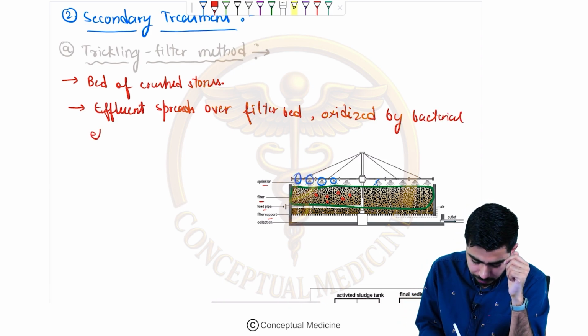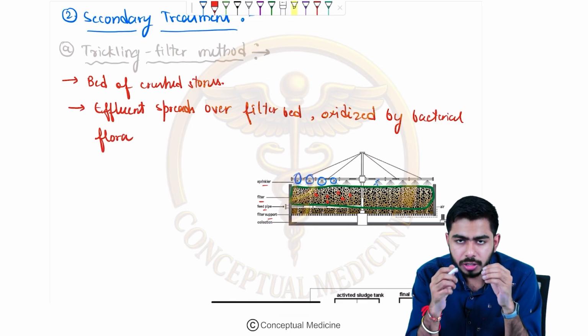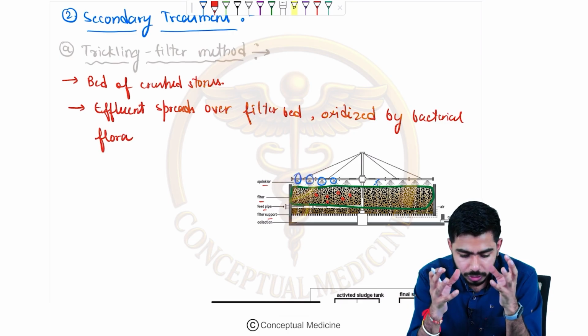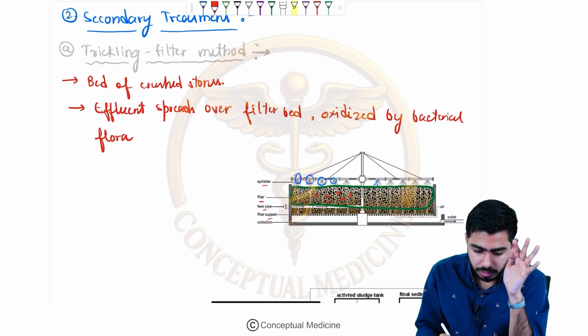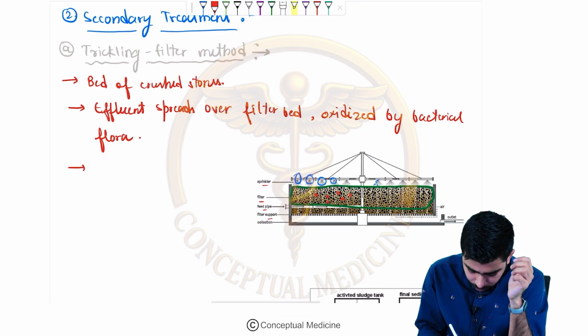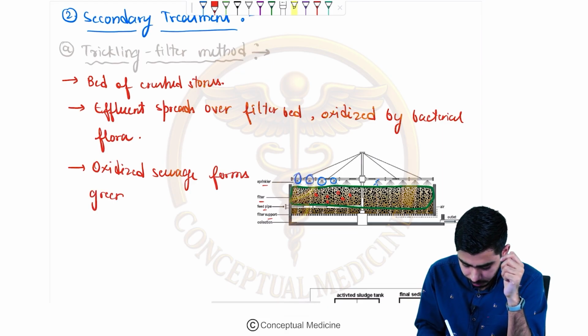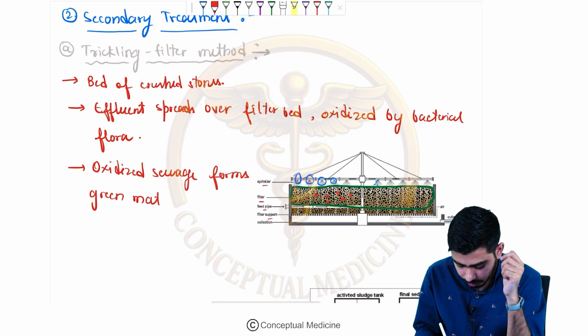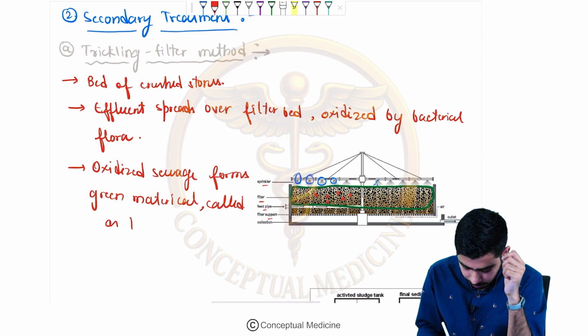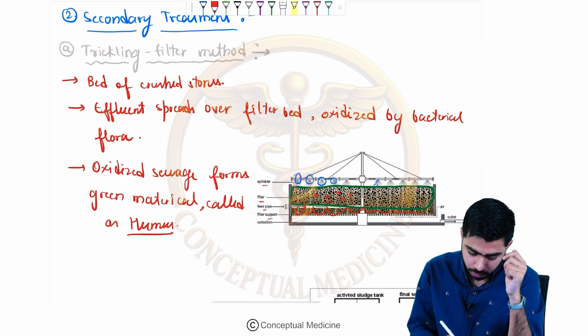After getting oxidized by the bacterial flora, it will show a green colored material. So this oxidized sewage forms the green material over there, and this green material is called the humus.